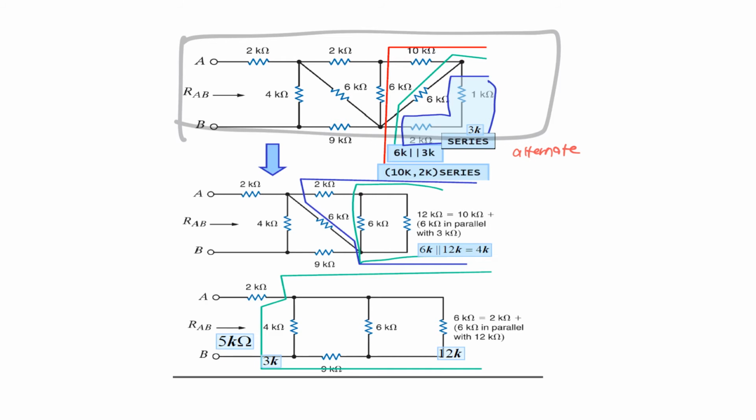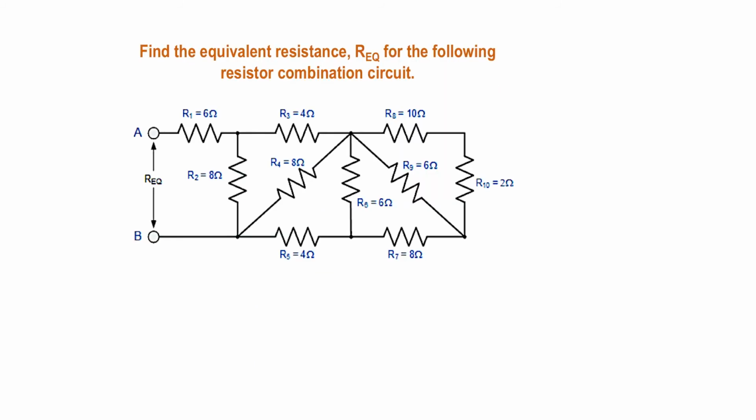For example, like this one. You can see that this is what we call a diamond shape. To solve this question, the first thing I mentioned before is that you need to do it alternately. So how to do that? You can see that the 2 ohm here is basically in series with the 10 ohm. You can imagine how to decide series or parallel: imagine the current flow is water flow.